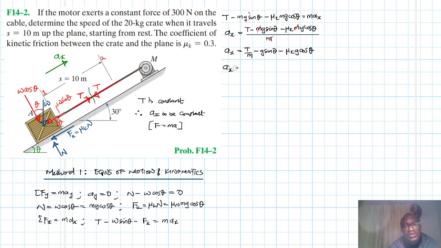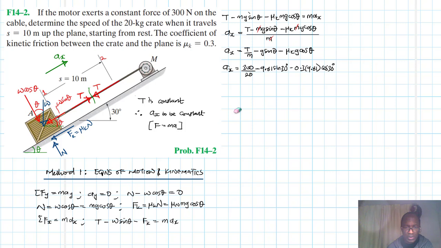So this is 300 divided by 20, minus 9.81 sin 30, minus 0.3 times 9.81 cos 30.